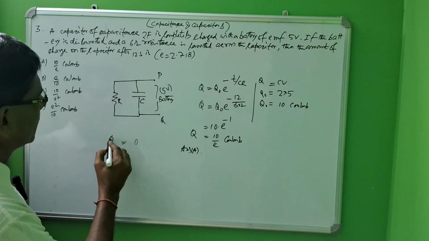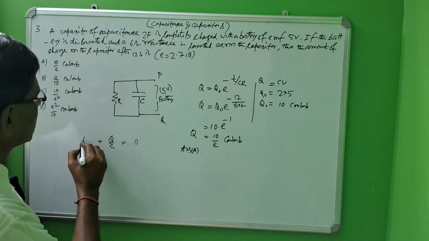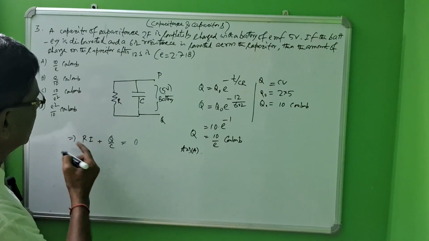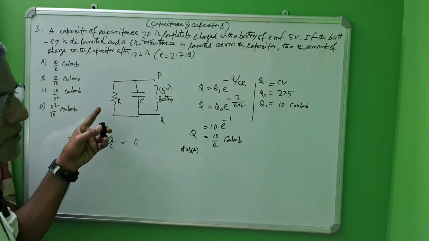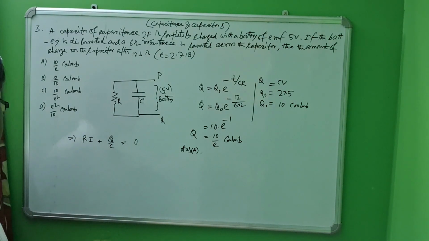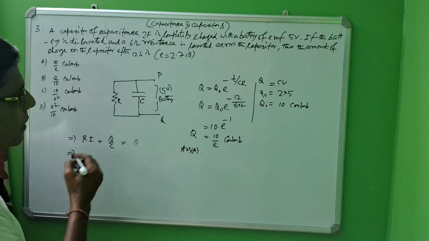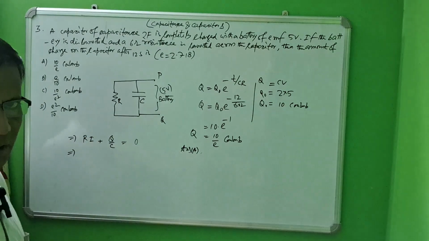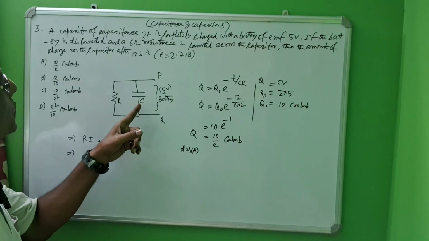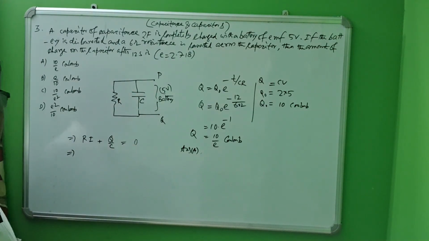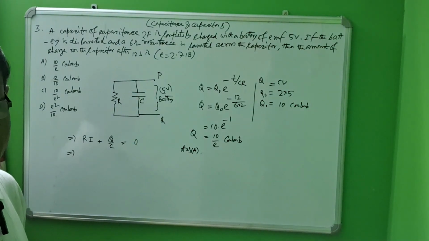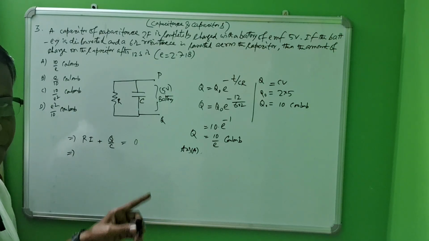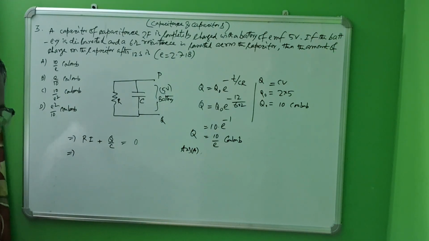So Q by C plus Ri. If i is the current, then Ri is the voltage through resistance R, and voltage through capacitance equals Q by C, where Q is the charge after time t.